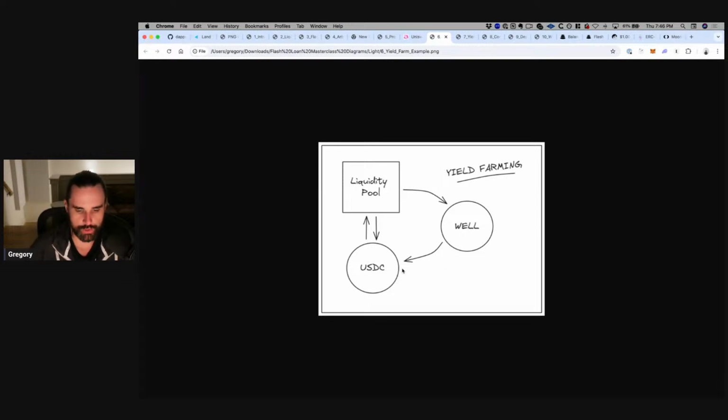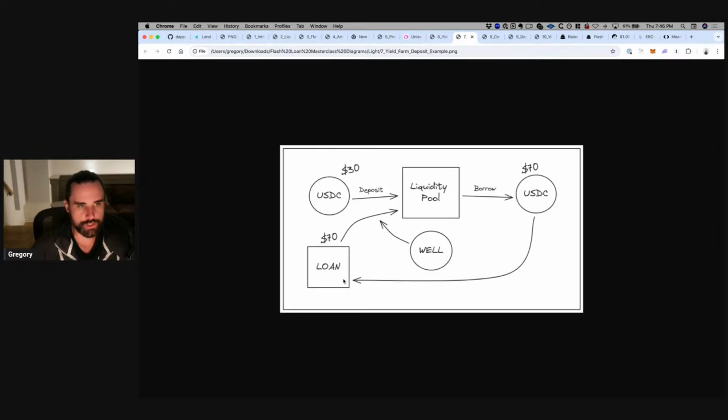So what you can do is you can farm this WELL token at much higher rates than you would just by earning it inside of here. So how could you do that? Well, basically, just for simple math, let's say you were going to take $30 of your own money. It doesn't matter, I'm just going to use something that starts with the number 3 and ends with a 0.